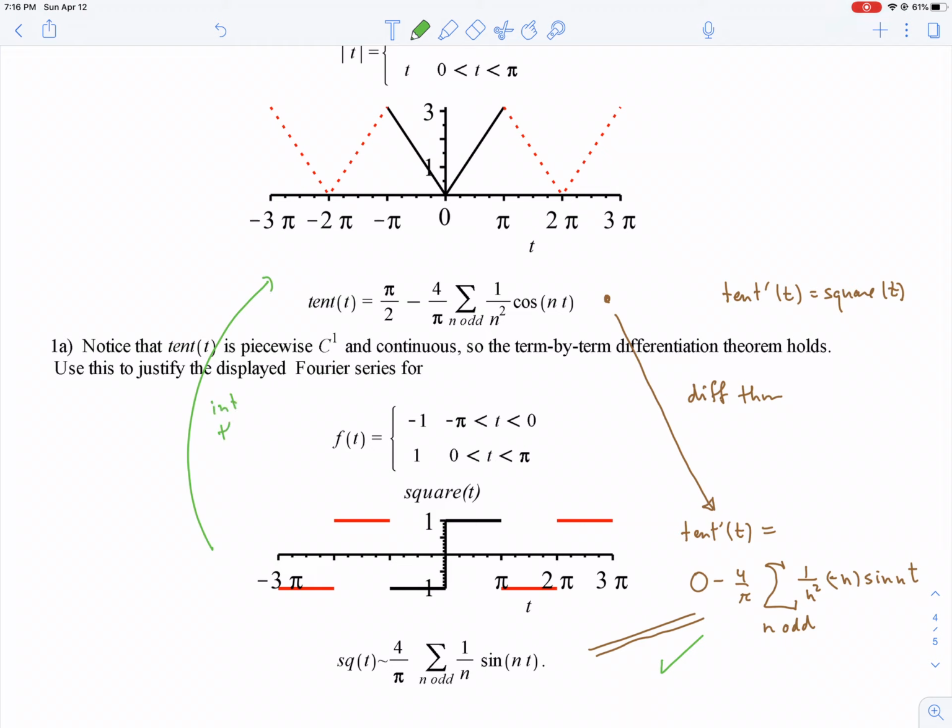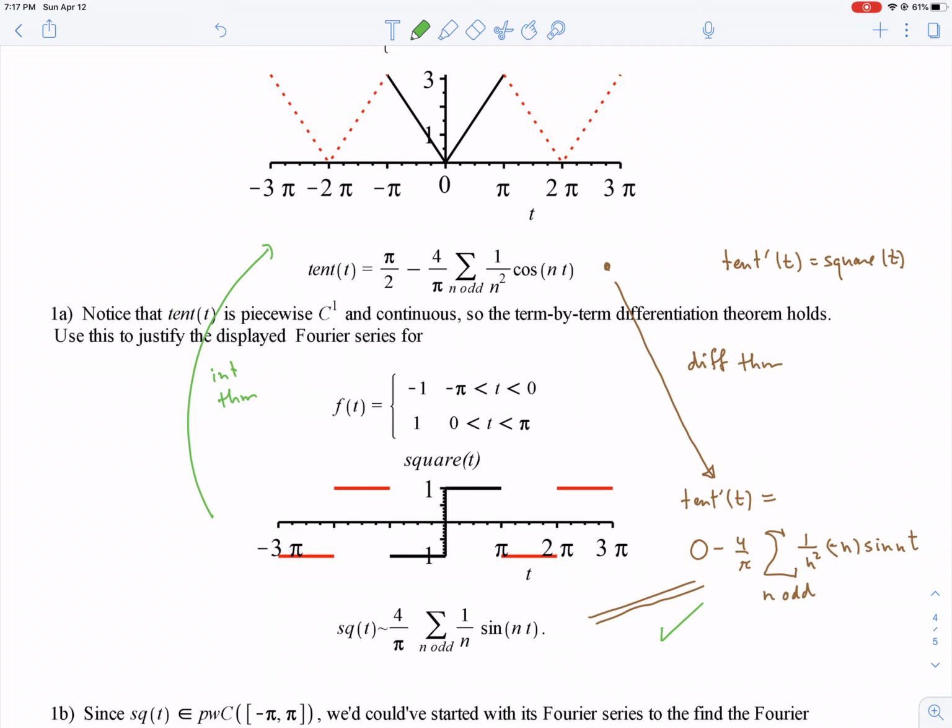It says I can integrate term by term if I start with a piecewise continuous function. So the tent function will equal 4 over pi, I'm integrating the square wave term by term, the sum over n odd of 1 over n.